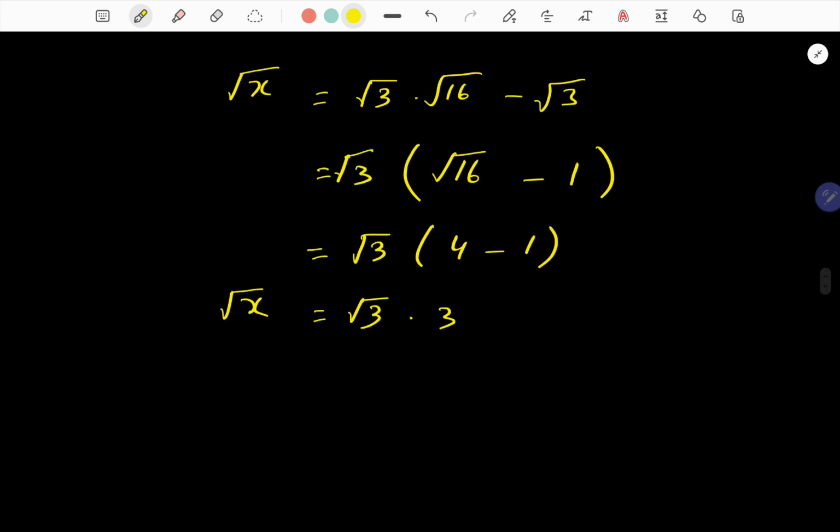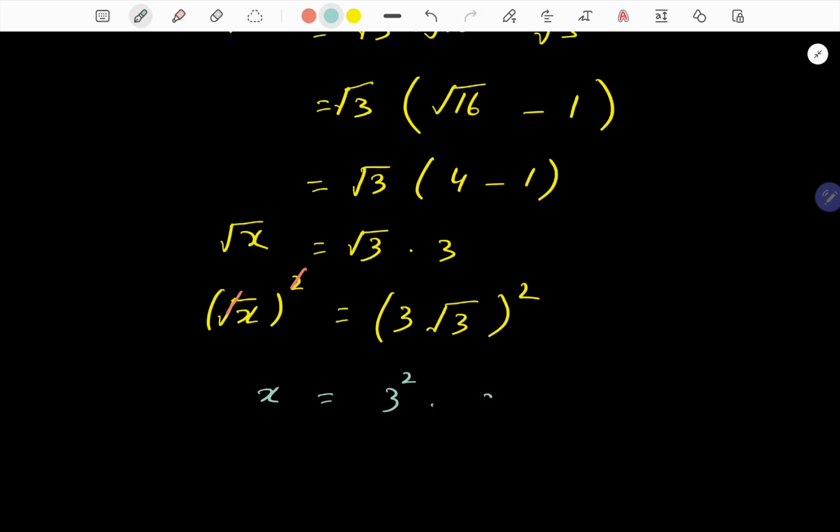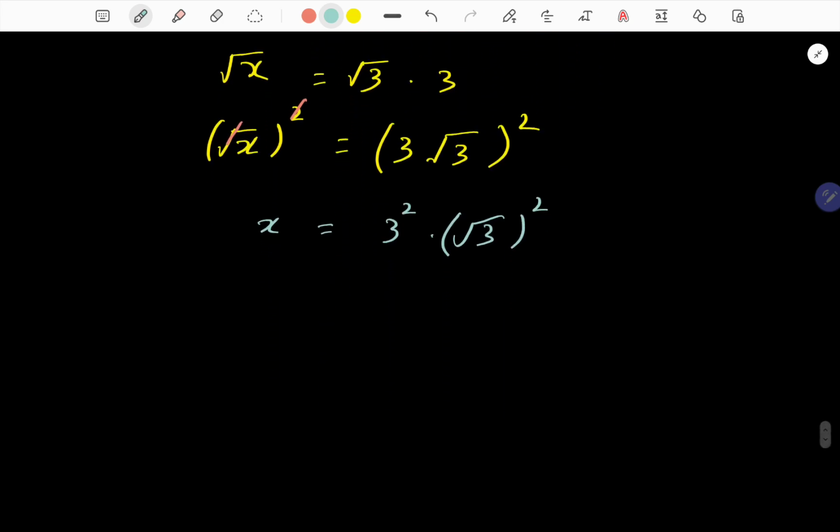Taking square on both sides, we will get square root of x whole square is equal to 3 times 3 whole square. So the square will be cancelled out with the square root, and we will get x is equal to 3 square into square root of 3 square.